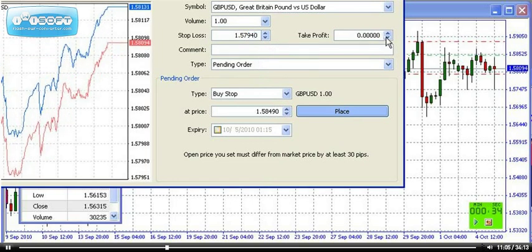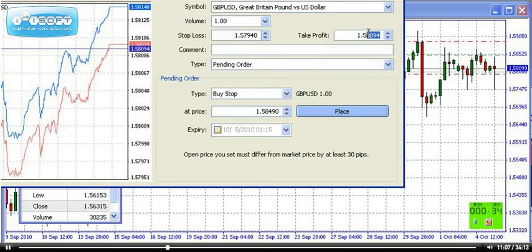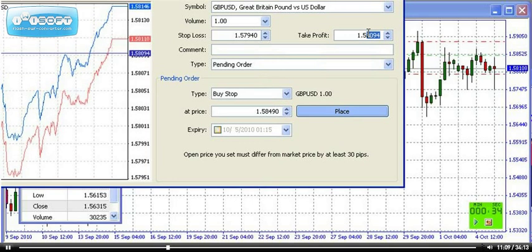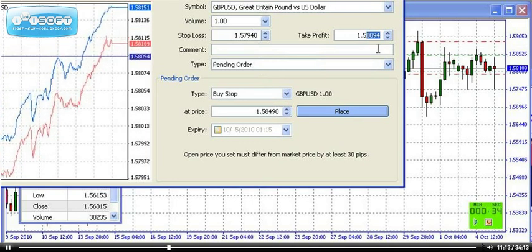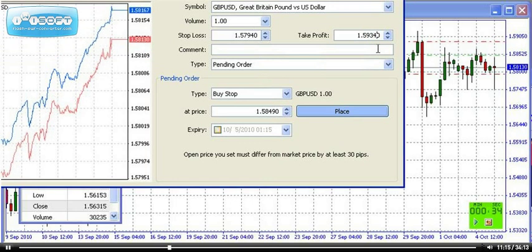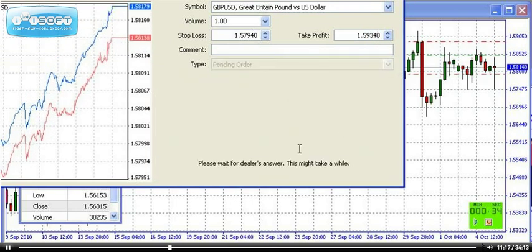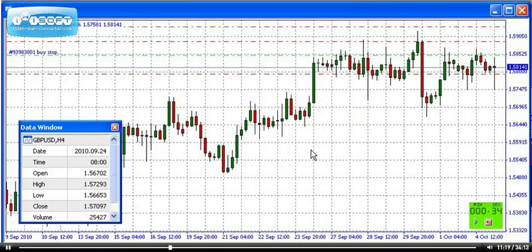This time, though, you've got profit target number 2, which is 59.34. Place. Okay. And done. So here you can see, here's the entry price, the green dashed line.